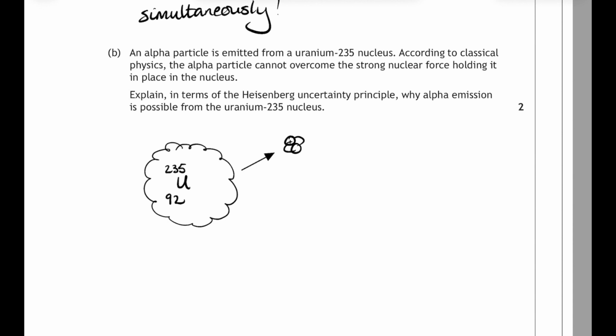Well, there's my little uranium-235 nucleus there, and an alpha particle coming out from it. That's the sort of diagram you might have seen in National 5 physics. Now, according to classical physics, that shouldn't happen.